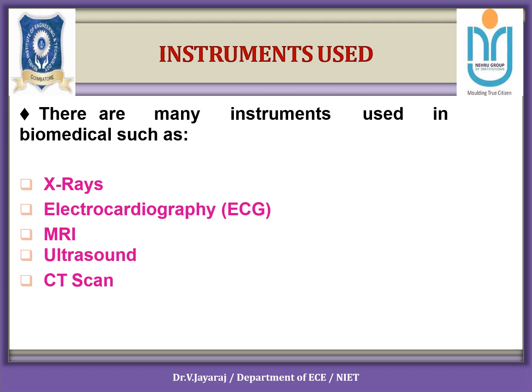Within 50 years, technology has developed such that people were able to identify all sorts of diseases and cure most of them. This was possible only with the help of instruments. Of course, doctors are essential, because if you have instruments, you cannot cure a patient. Proper application of the instruments with the required amount of medicine is essential. So doctors are very important in this.